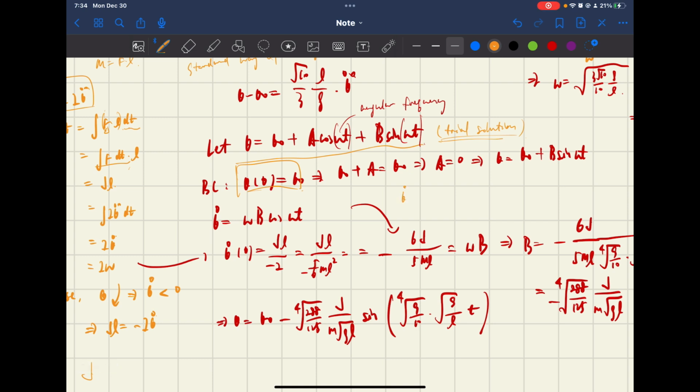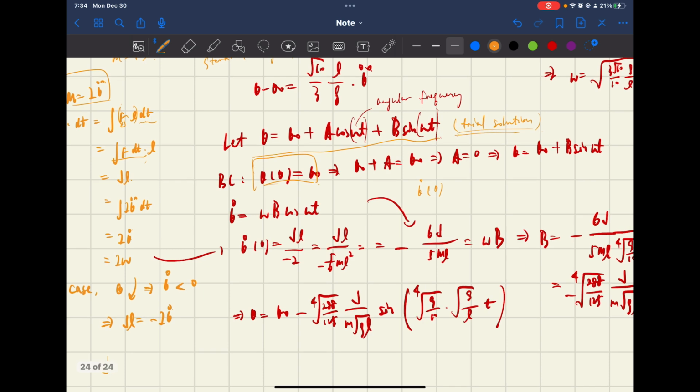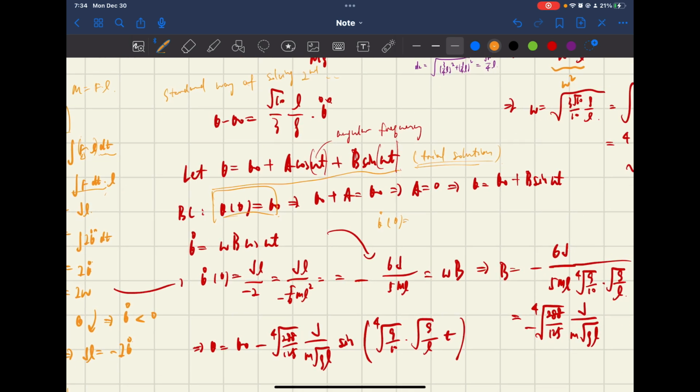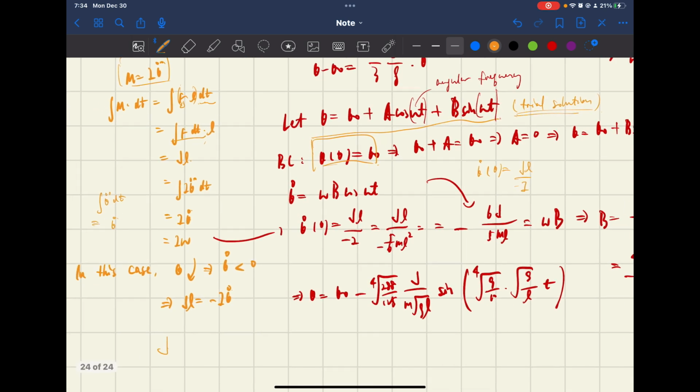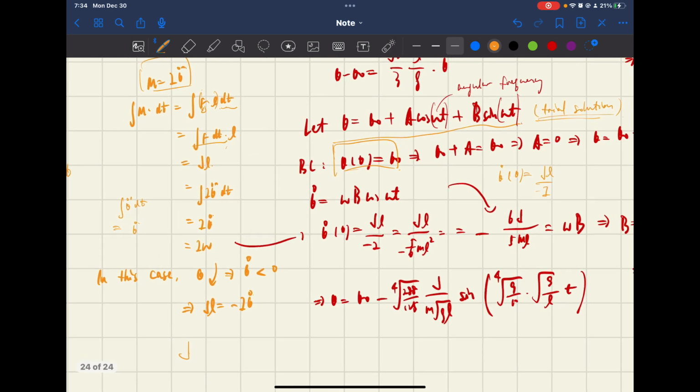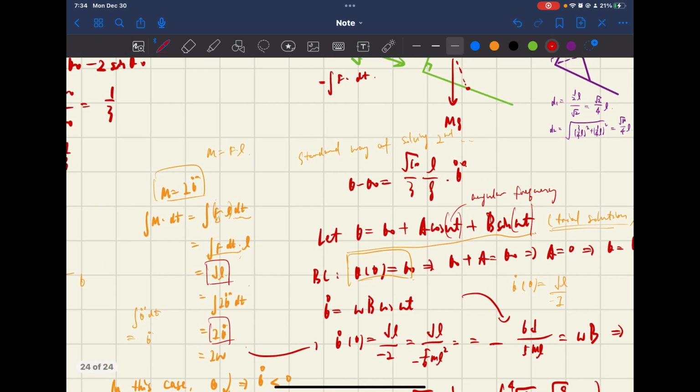Theta dot 0 equals what we derived over here. You see, here's JL and here's I times theta dot.